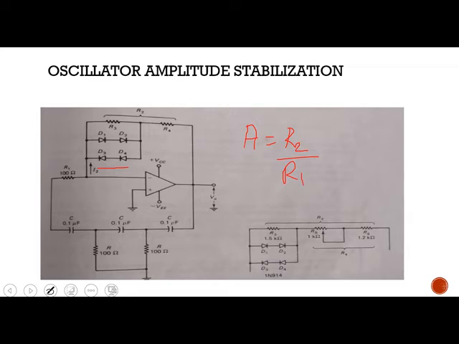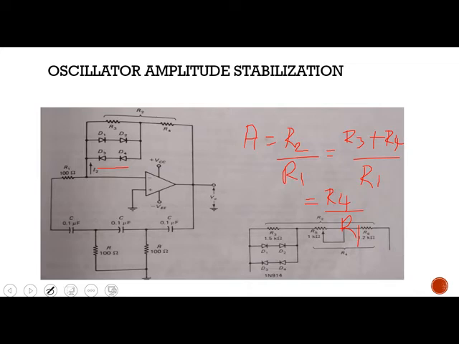So our gain, which is equal to R2 by R1, can be written as R3 plus R4 by R1. When R3 is shorted, our gain can be written as R4 by R1. Therein, R4 should be designed so that the gain is not enough to sustain oscillations of a very high amplitude.